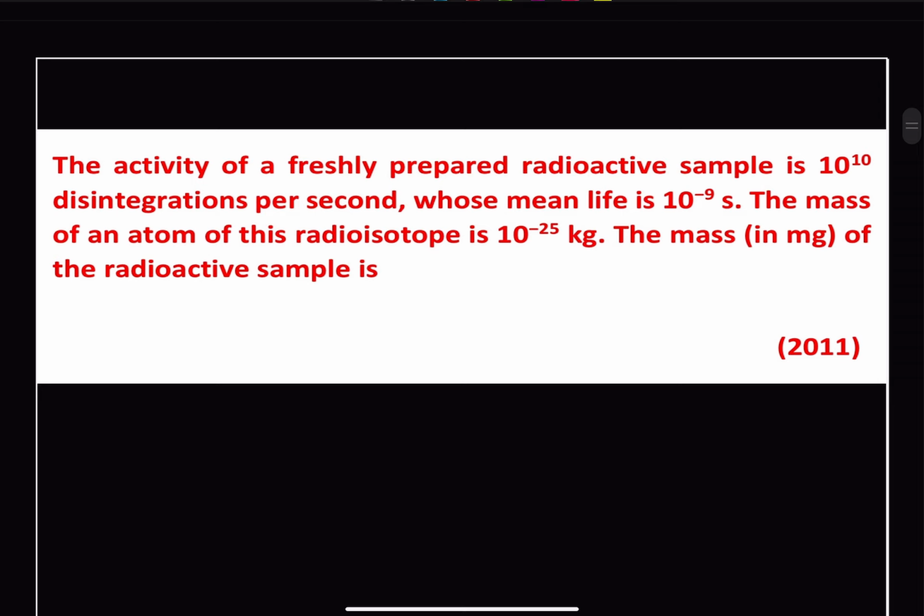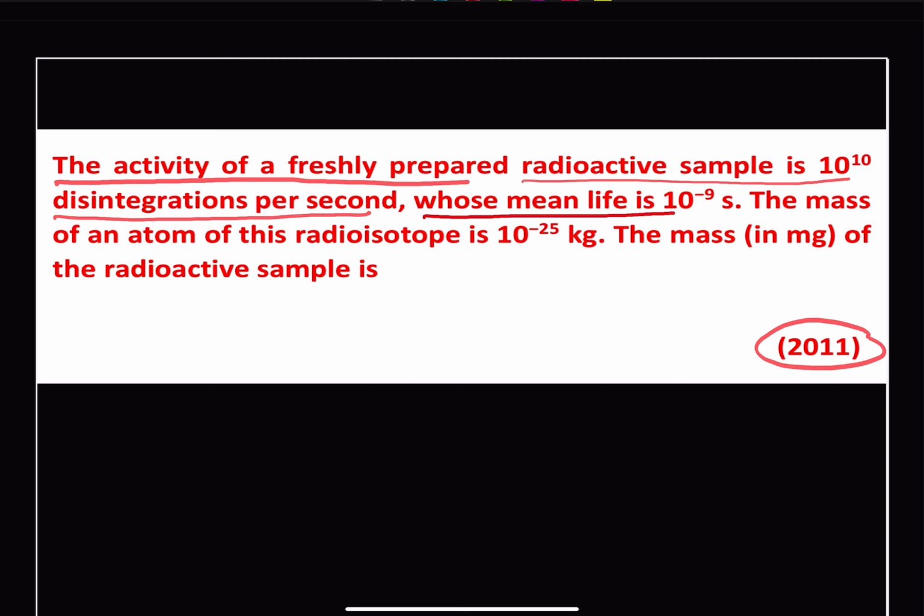It was asked in the year 2011 and states that the activity of a freshly prepared radioactive sample is 10 to the power 10 disintegrations per second, whose mean life is 10 to the power minus 9 second.